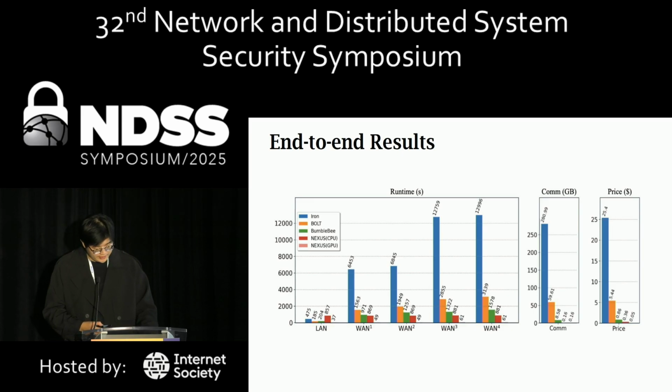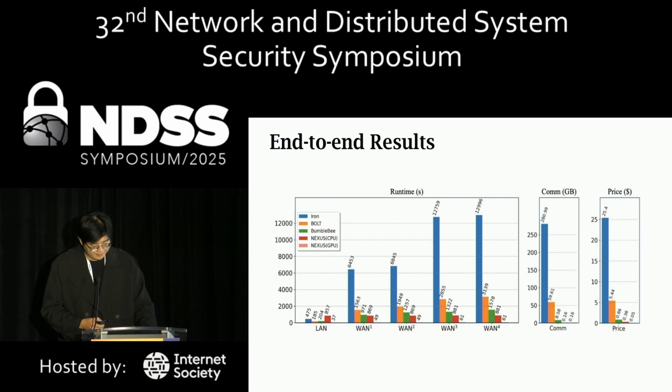Here is the end-to-end comparison with the existing secure inference frameworks using BERT-based models. The input to the model consists of 128 tokens. NEXUS has the lowest communication overhead and financial cost.